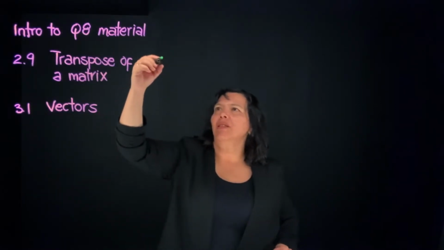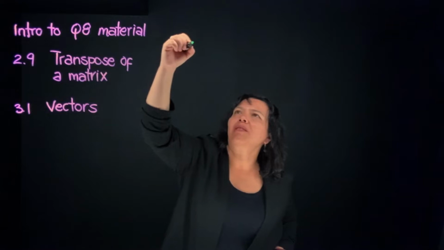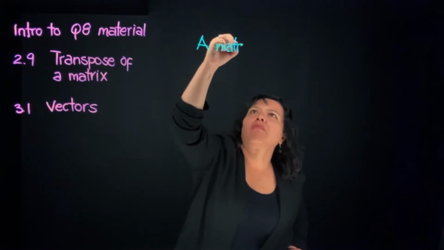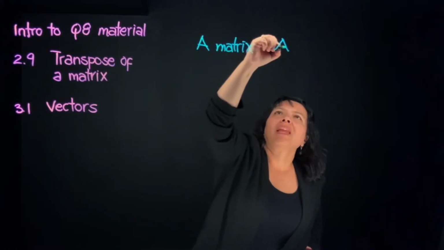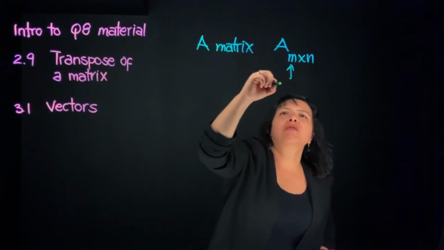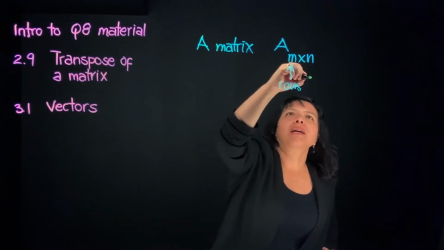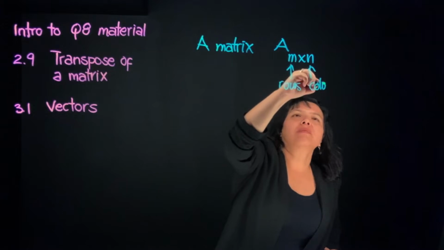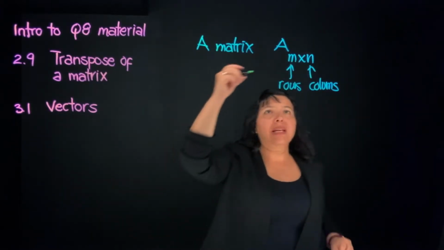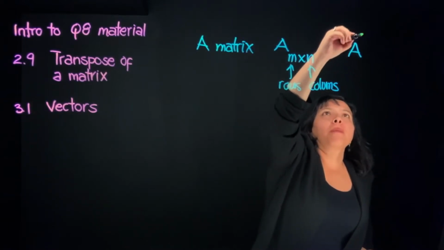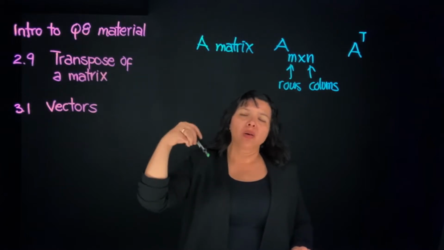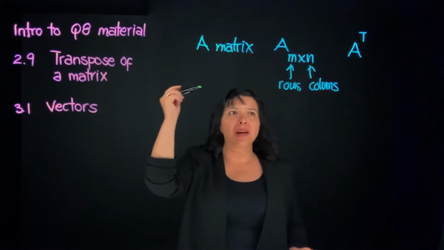Things that you want to have in mind when you're reading the material for 2.9 are the following. The definition: if you have a matrix A that is m by n, remember that m is the number of rows and n is the number of columns. When you're transposing your matrix, you are switching your rows and converting them into columns and vice versa.